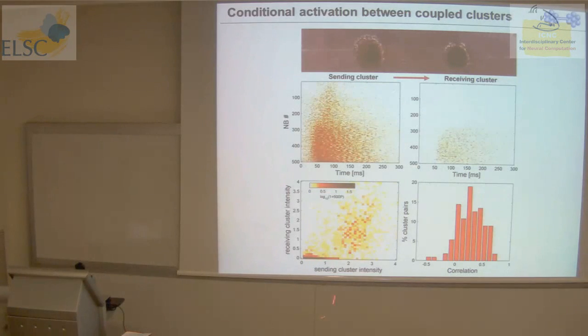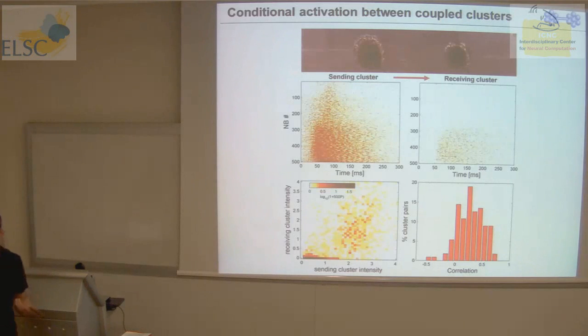And you can see the same picture if you look at the probability of getting a certain intensity in the receiving cluster as a function of the sending cluster. Here again, for a weak burst in the sending cluster, we don't get any response, and as we cross a certain threshold, we begin to get responses in the receiving cluster.